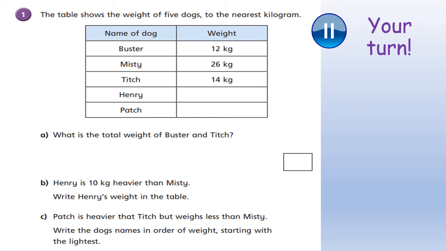What is the total weight of Buster and Titch? Henry is 10 kilograms heavier than Misty. Can you write Henry's weight in the table? Patch is heavier than Titch, but weighs less than Misty. Can you write the dogs' names in order of weight, starting with the lightest?